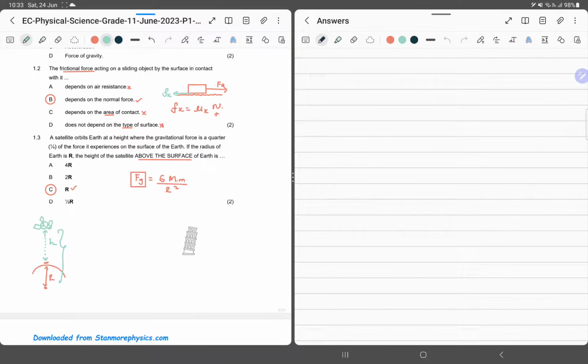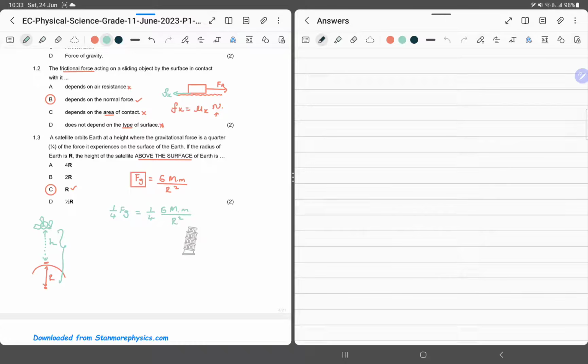So we want to work out h. So now we know that we are told that we have a quarter of Fg. A quarter of Fg is basically a quarter of G m Earth m satellite divided by r squared.